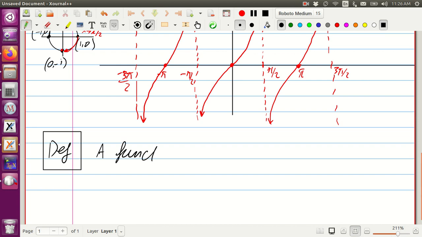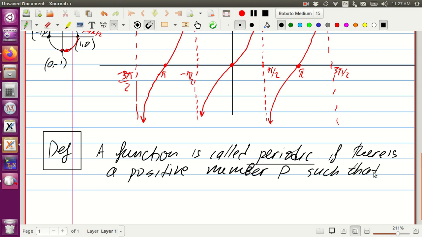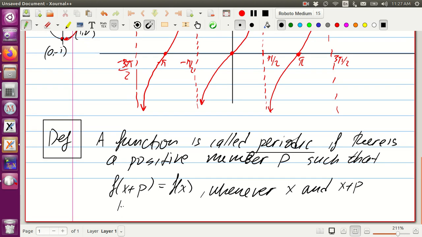So we say that a function is called periodic if there is a positive number p such that f of x plus p is equal to f of x, whenever x and x plus p lie in the domain of f.